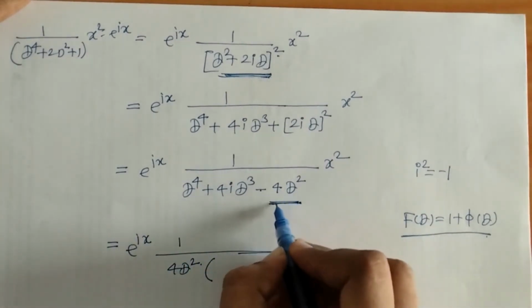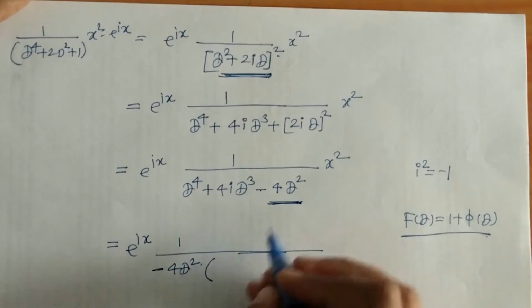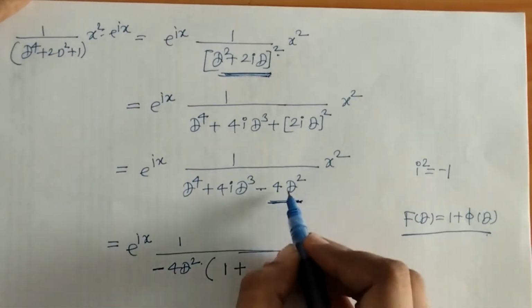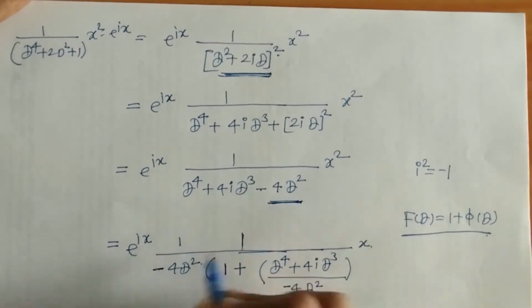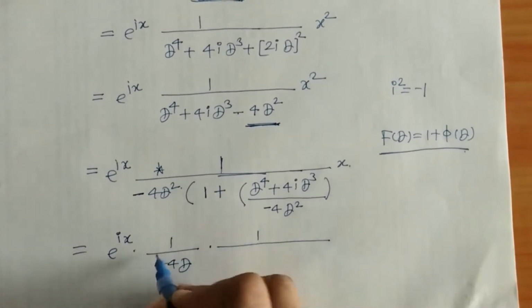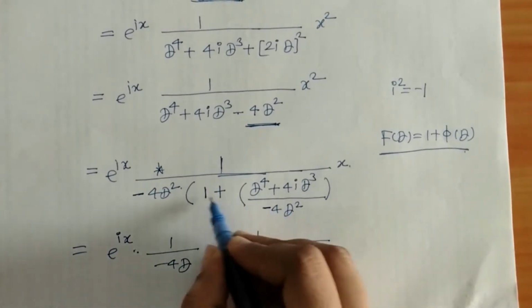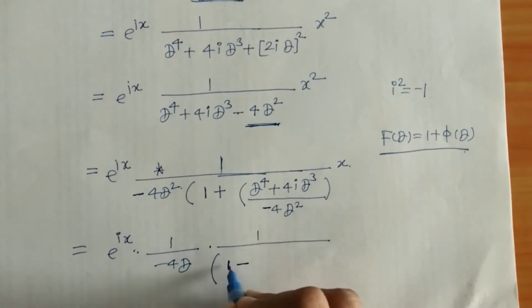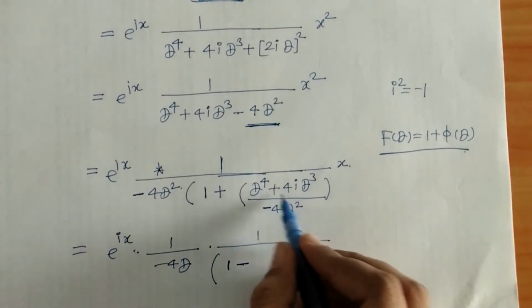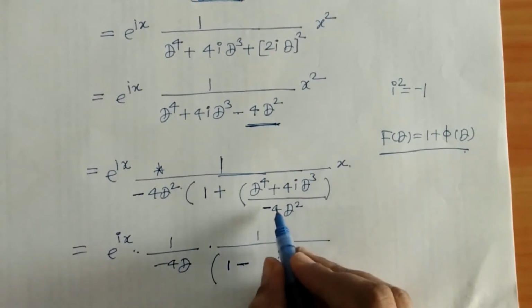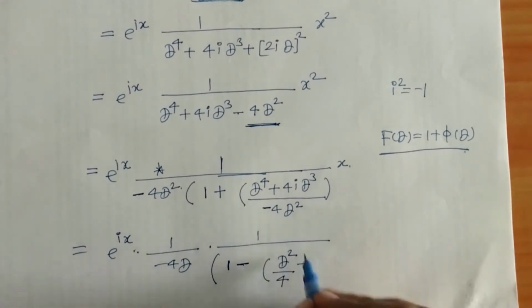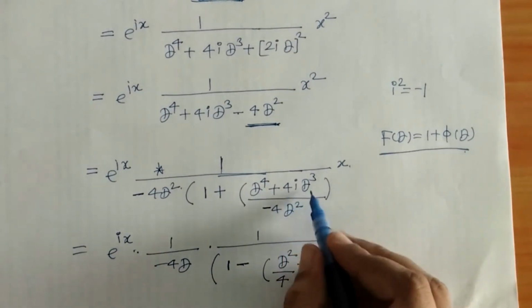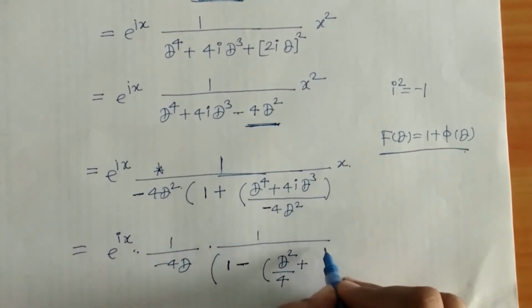When we take out 4D square, we will have 1 plus the remaining terms. On simplification we get D square by 4, and here the 4 and D square get cancelled, so we will have iD.